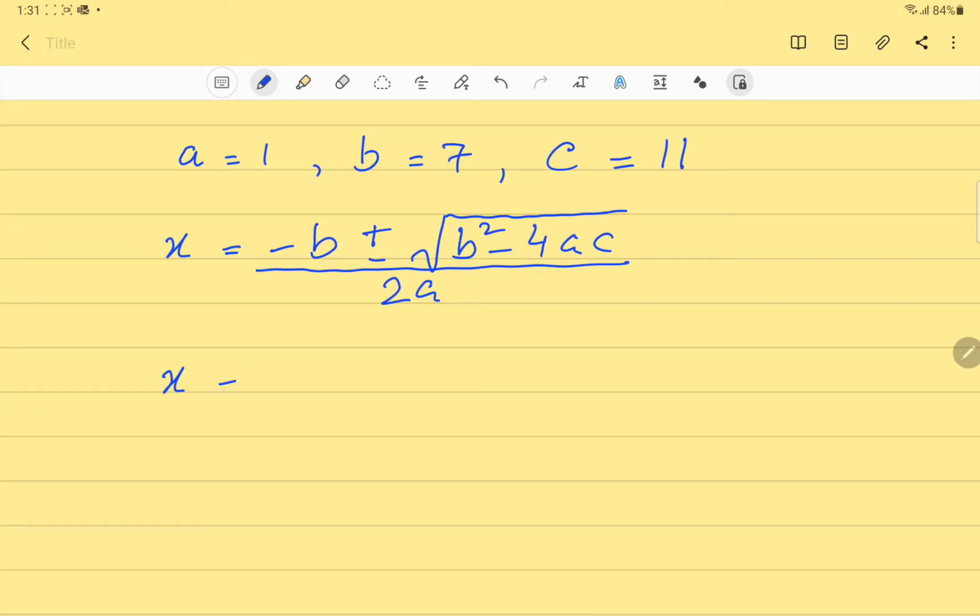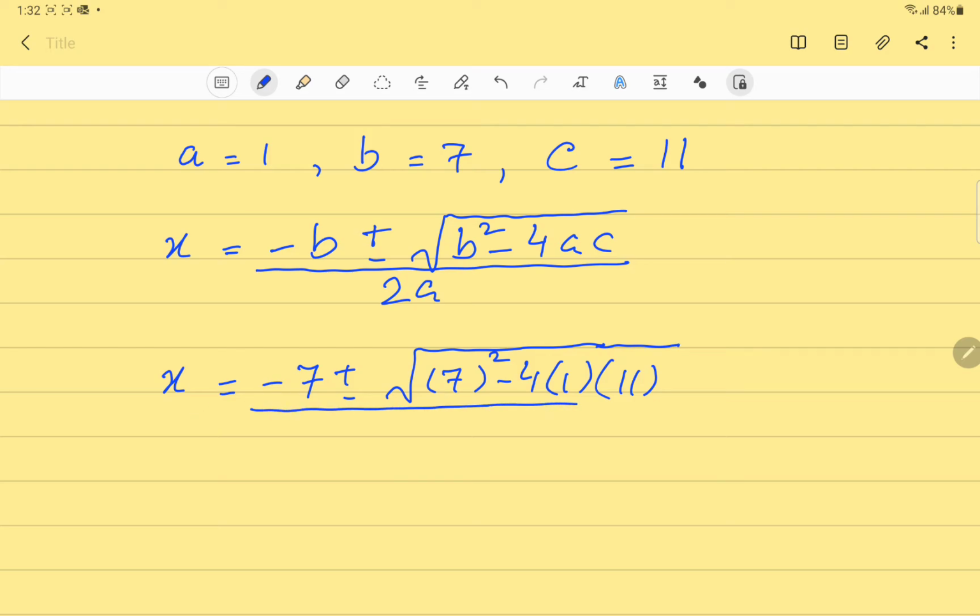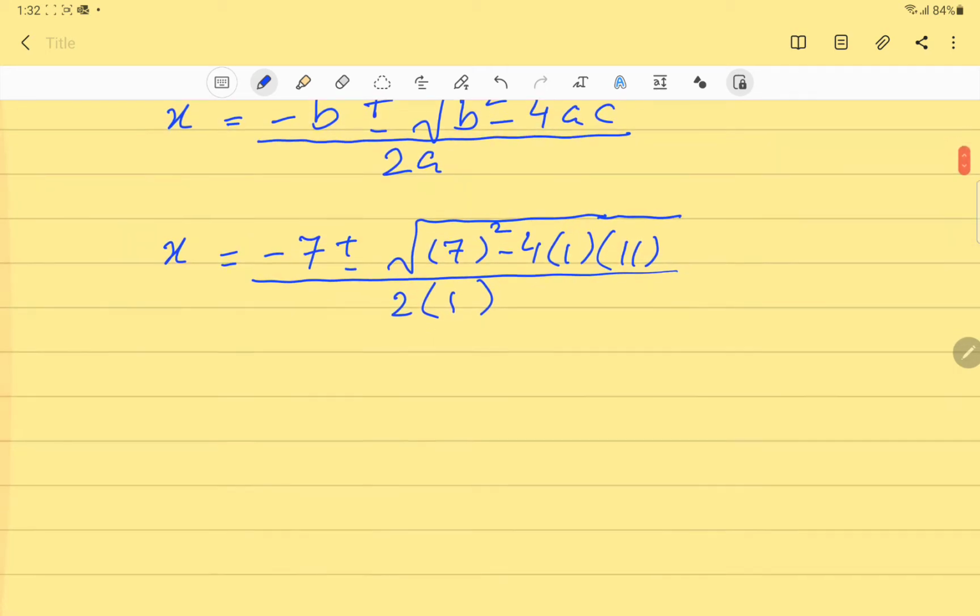So x is equal to minus b, 7, plus minus square root of 7 squared minus 4 into 1 into 11, over 2 into 1.